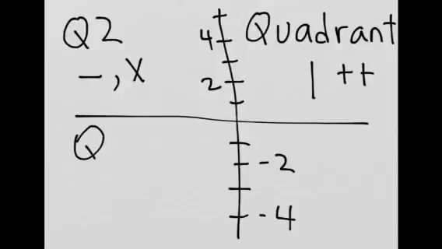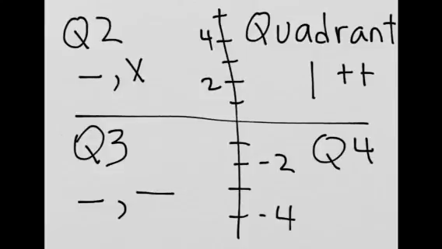In quadrant 3, we still have x negative, but now we also have y negative. And finally, in quadrant 4, x is positive again because it's to the right of the y-axis, but y is negative.